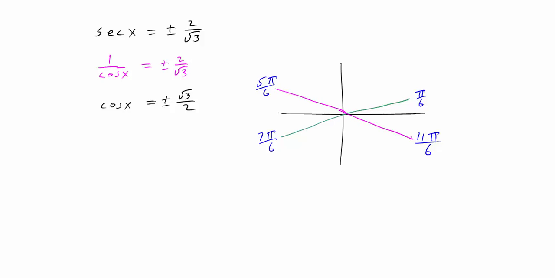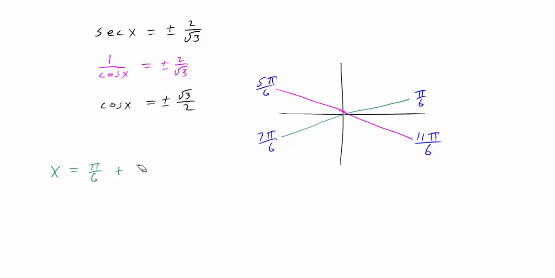So there we have actually 4 angles where we have a positive or negative square root of 3 over 2. So what that means is now we can look at this as saying x is equal to pi over 6. Now, normally in the past with the other equations, I said we could add on a multiple of 2 pi n.